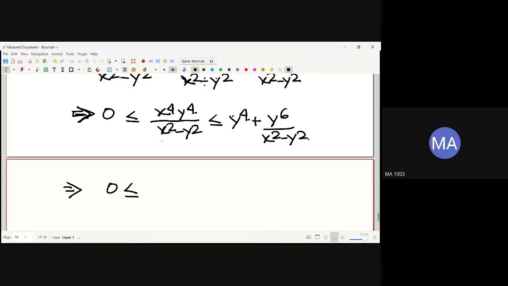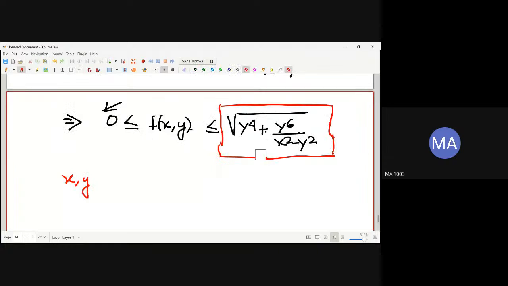So this is 0, right? As x comma y tends to 0, then y power 4 is 0, right? Yes. So I can simply ignore it. Okay, so instead of considering the whole thing, I can simply take, let's say, this one.